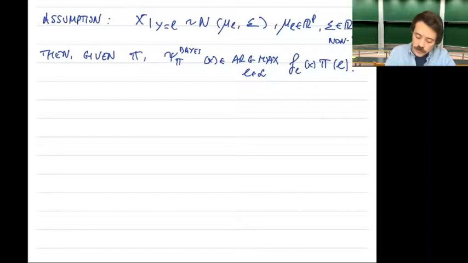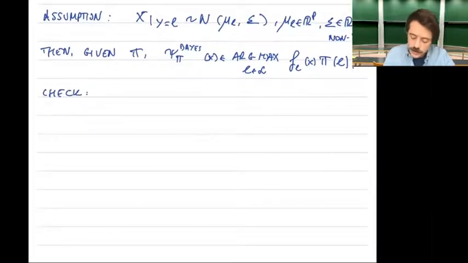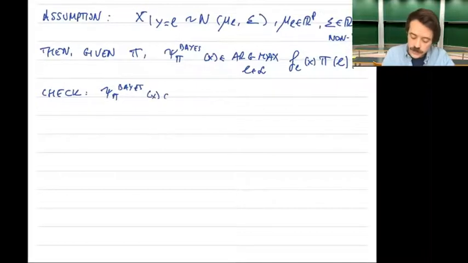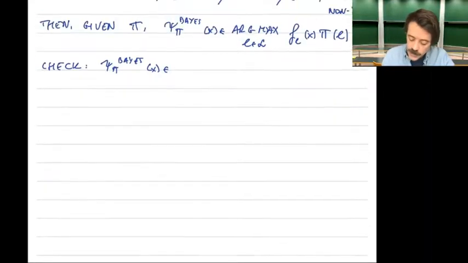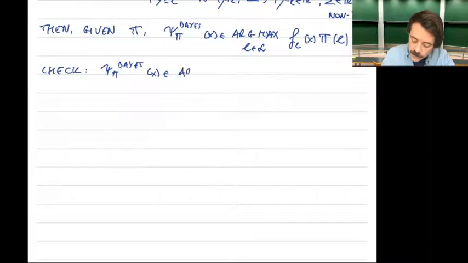Okay, so I want you to check something as well at home. These should be simple calculations, as with everything that I leave for checking. What I want you to check is that the classifier can also be written in the following way, as the maximizer of the following discriminant function.